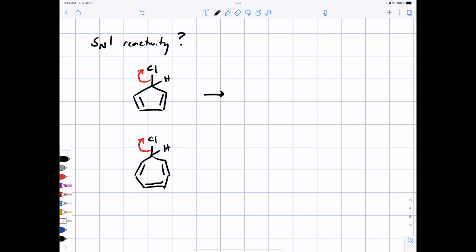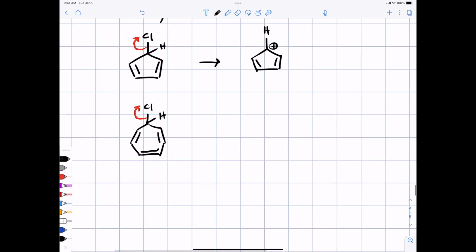Yep, good. I think what happened is I bragged about drawing 7-membered rings too much, and then it became harder. Got the 7-membered ring yips.